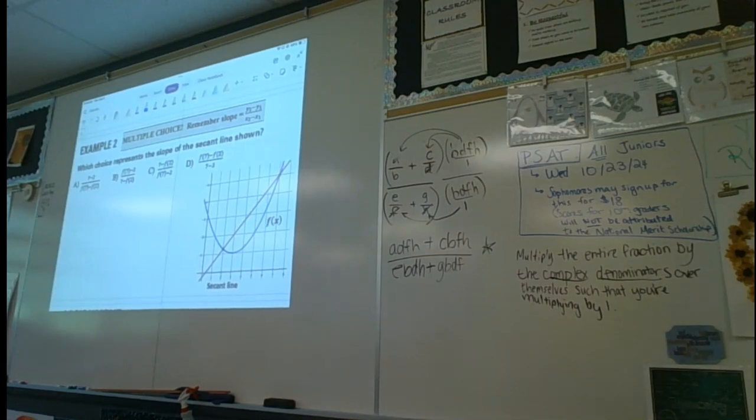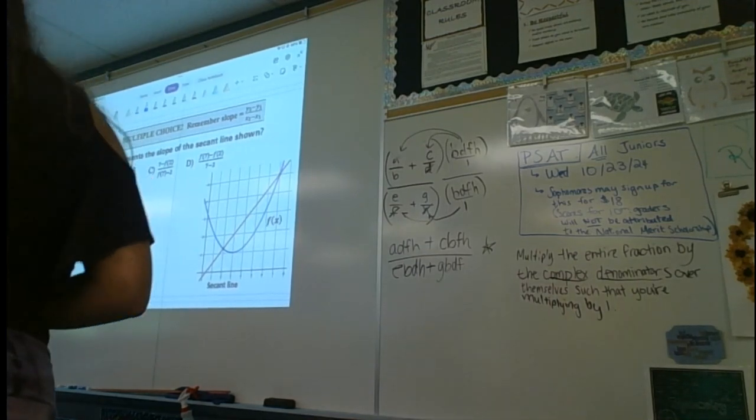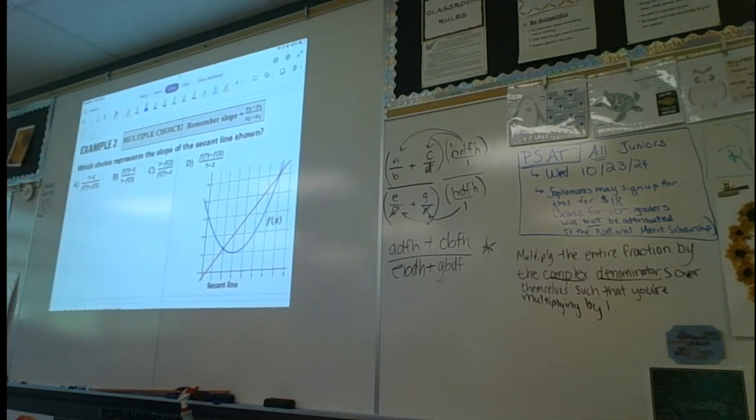Nice. Oh, I'm seeing good answers. Okay, for those of you who selected a choice, you did really well. It is D, and let's talk about why, because I think there are still people trying to work to the answer.